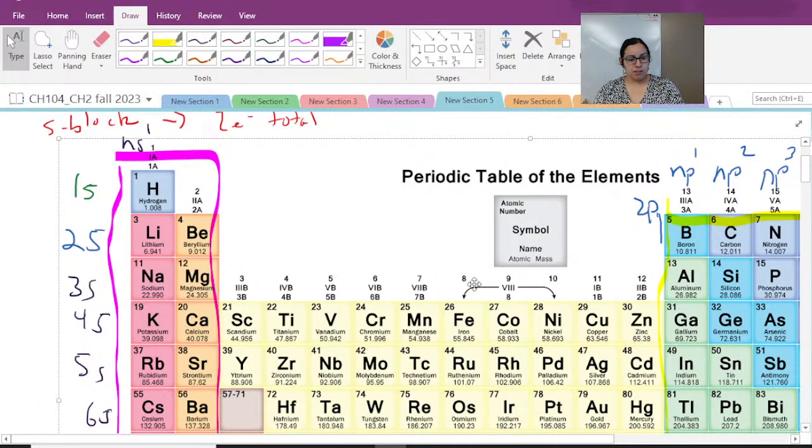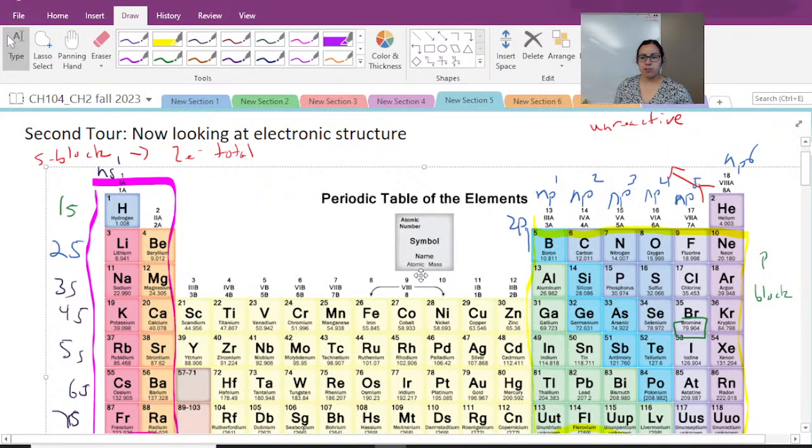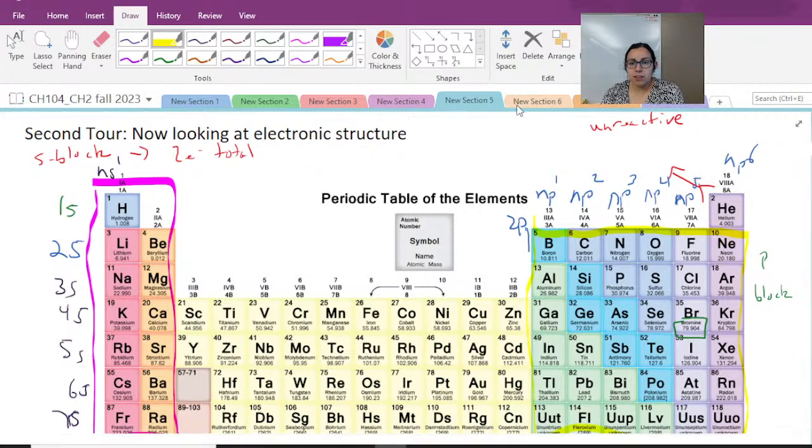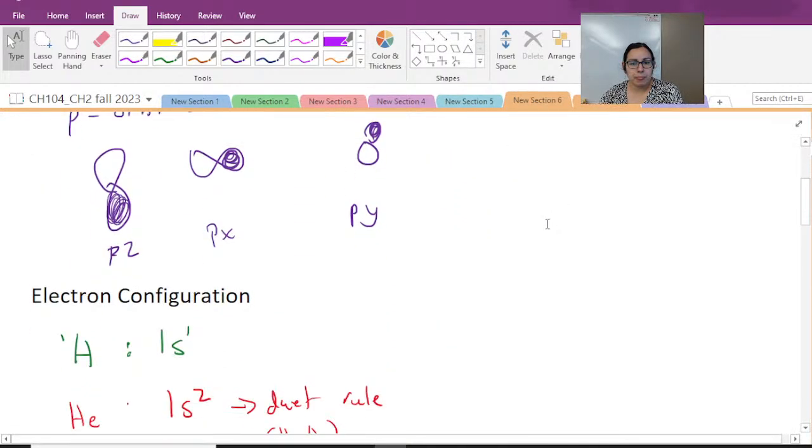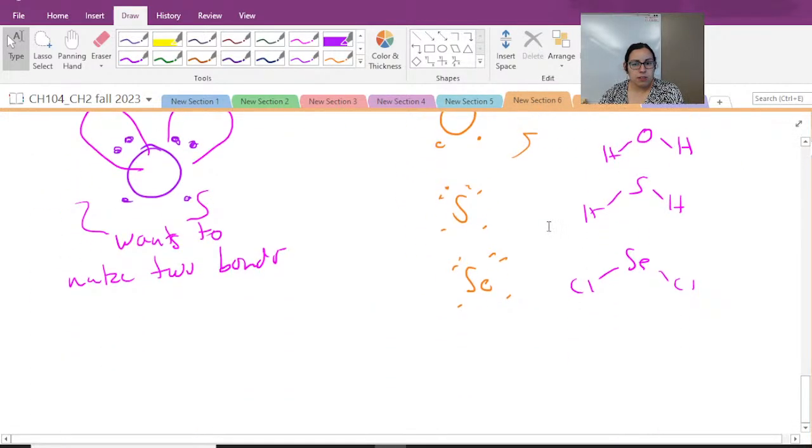All right, so back to filling in our electron configuration. So again, just keep asking questions. And so we have neon here, so I'll write neon out just so we're all on the same page.